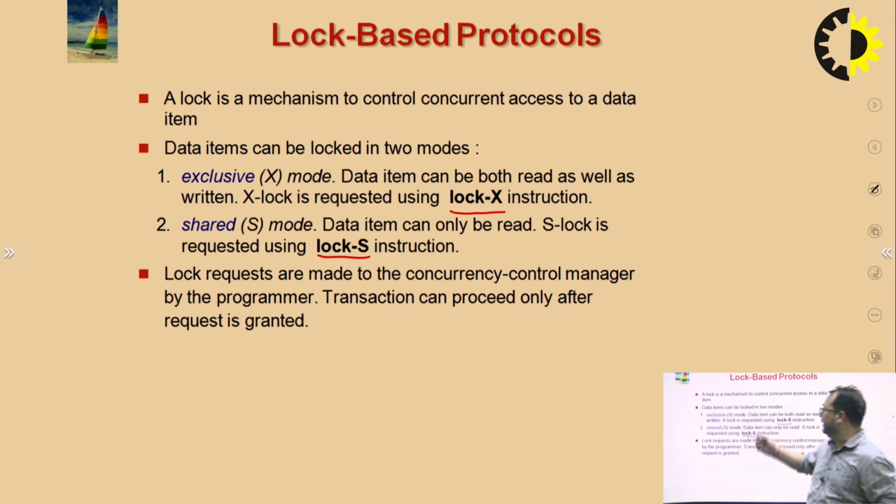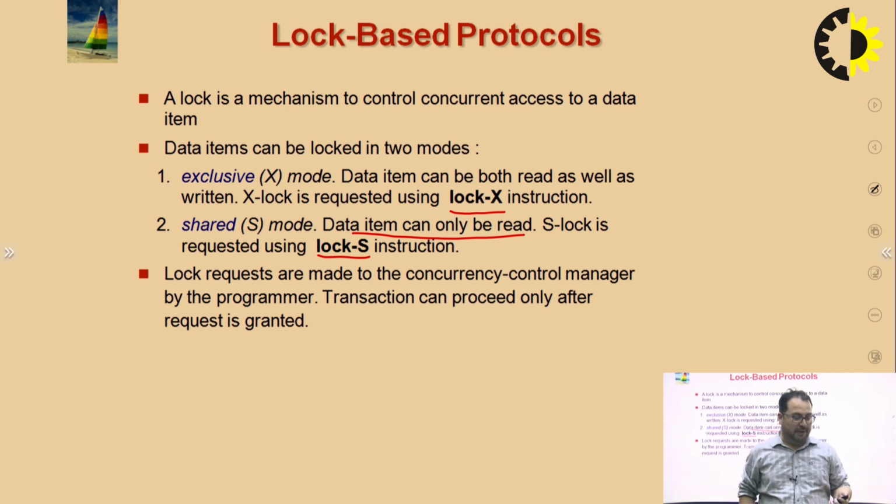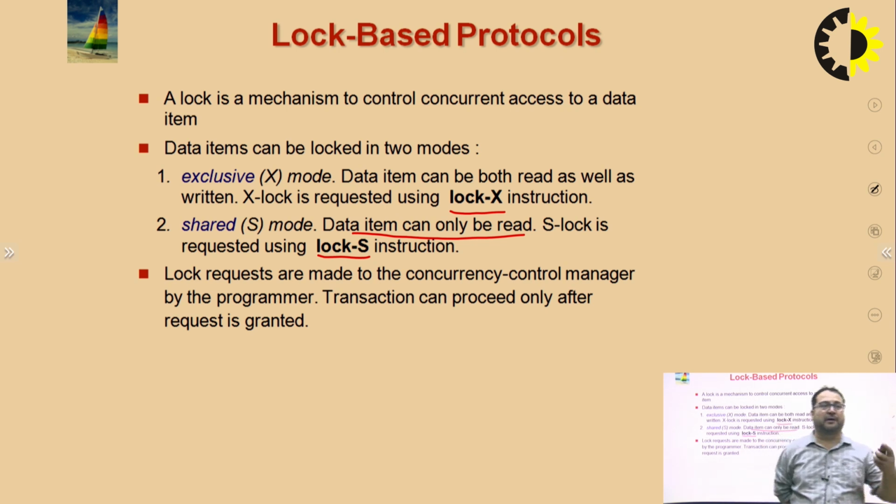Similarly, the second type of lock is the shared lock, where the data item can only be read. Shared lock is used only when the data item is read, but an exclusive lock could be used for read as well as write operations.